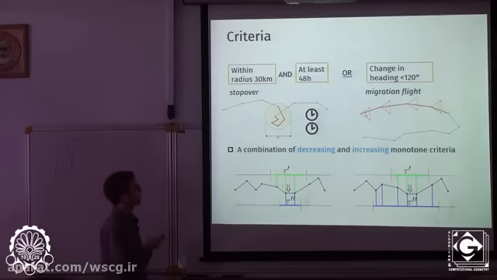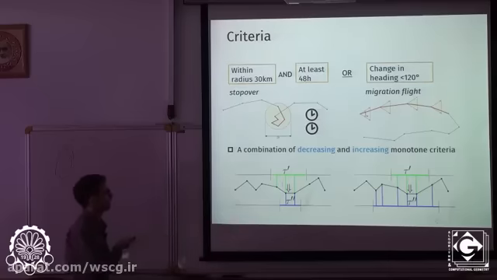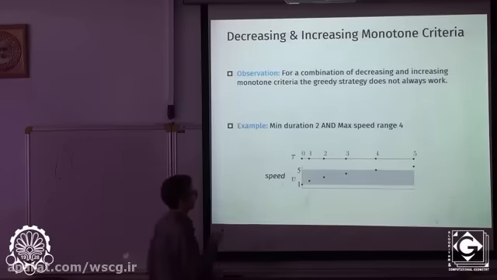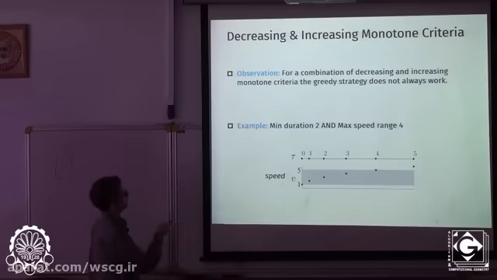And for these criteria, we can no longer use a greedy strategy. I have a small example here. If you simply say every segment should have at least 3 data points, if it's duration 2, but the speed range should be at most 4, then a greedy strategy would include everything up to here.